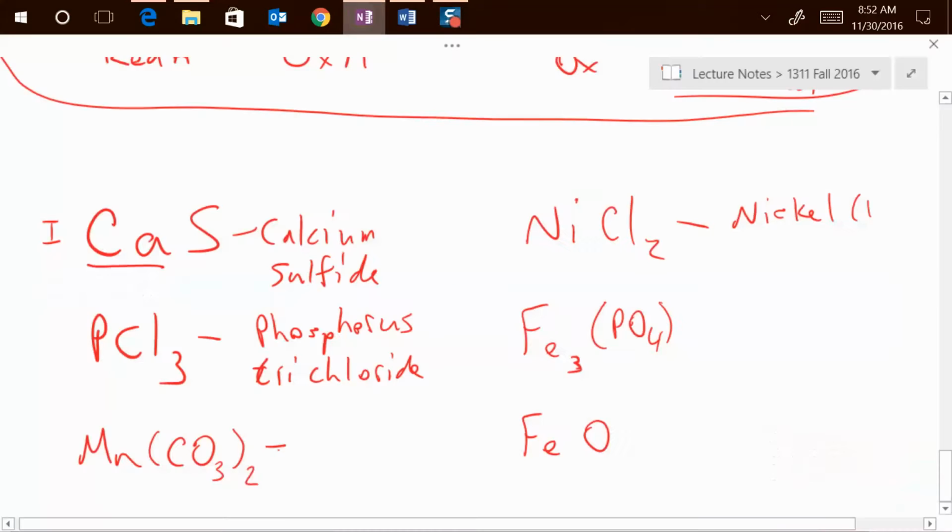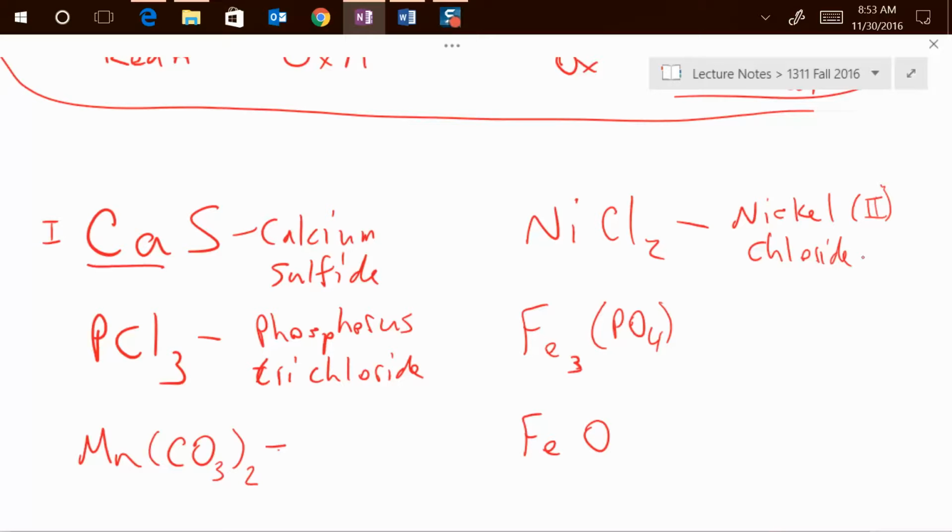Come back. Transition metal, because it's a transition metal. That's exactly why. Okay? If it's in the first two rows, you don't have to say that for those.